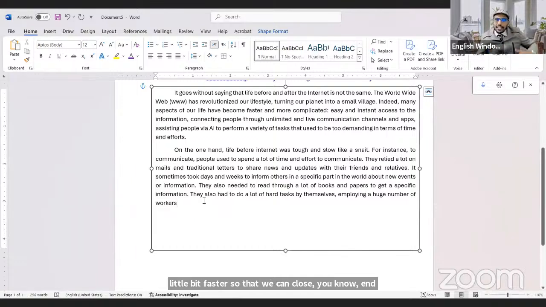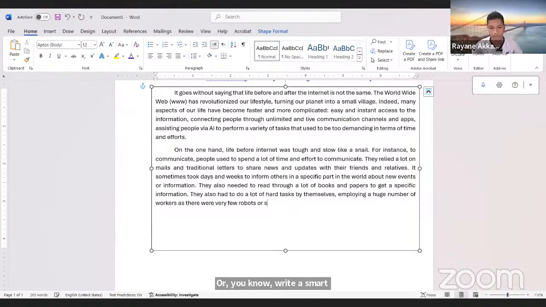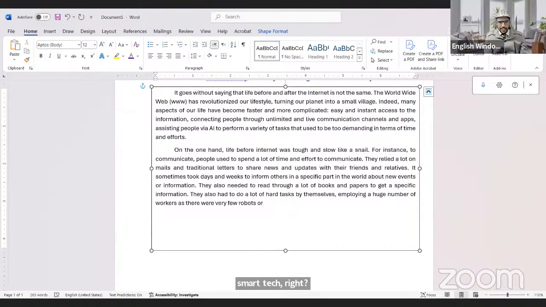So I say that they also had to do a lot of hard tasks by themselves, employing a huge number of workers, as there were very few robots or smart technologies.